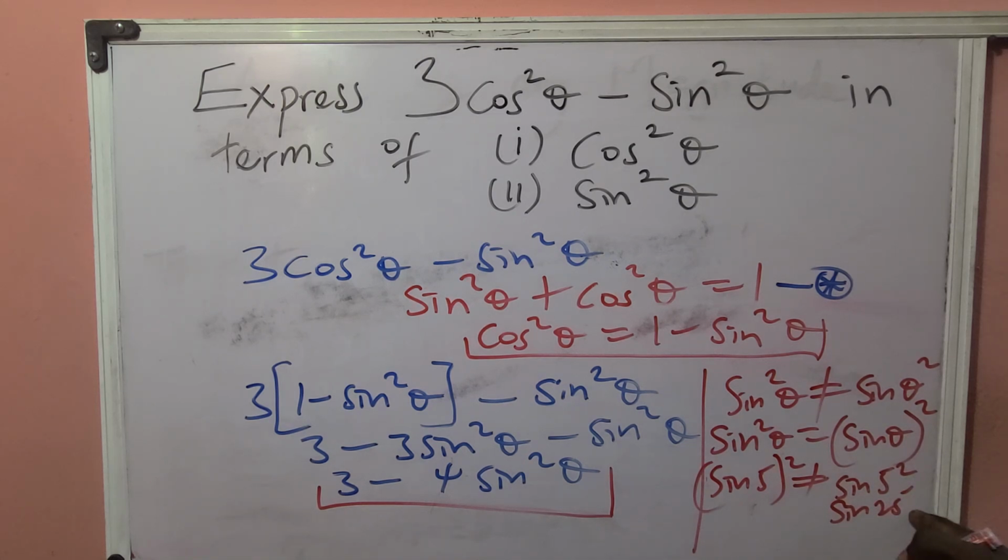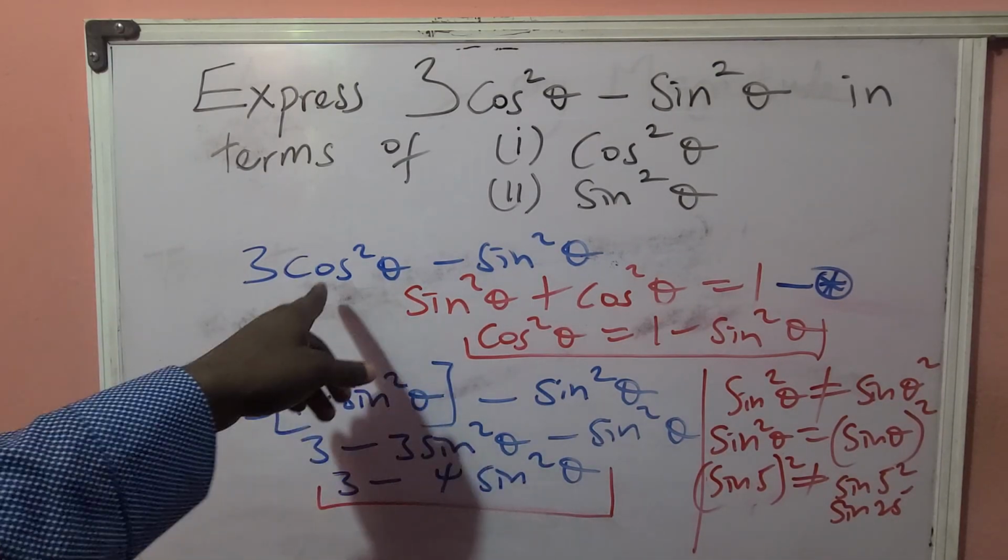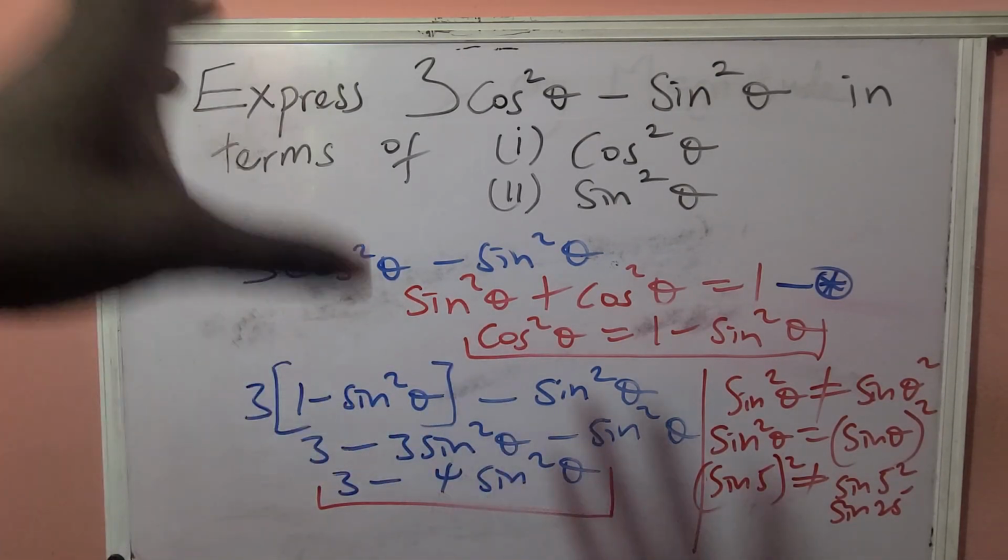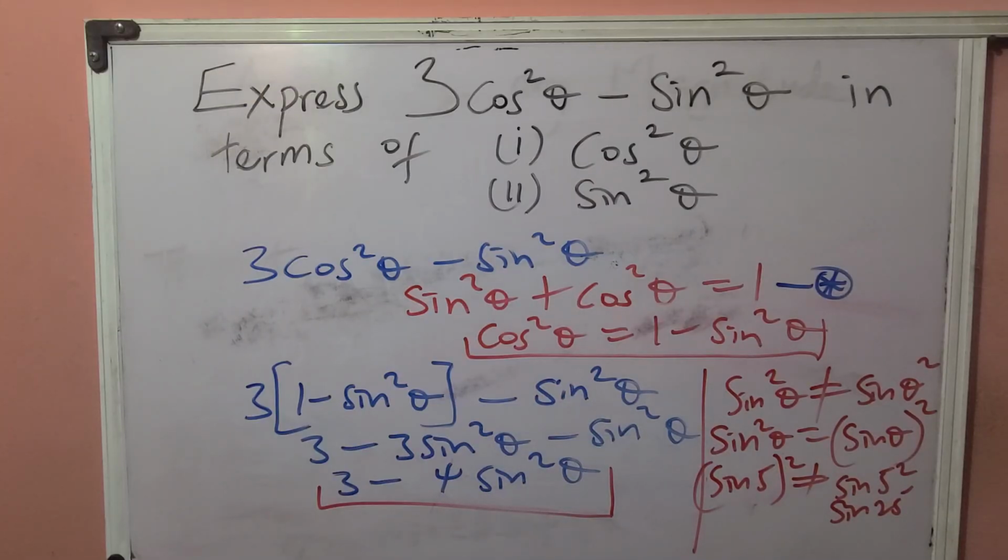Sine 25, if you raise it on your calculator, will not give you what sine 5, then when you get an answer, then squaring it will give you. So you need to understand the difference between sine squared theta and sine theta squared. I just thought to bring that to you so you don't make confusions around. You need to understand what exactly sine squared theta actually means. Sine squared theta is sine theta everything all squared.